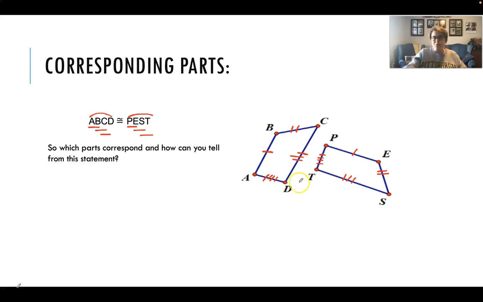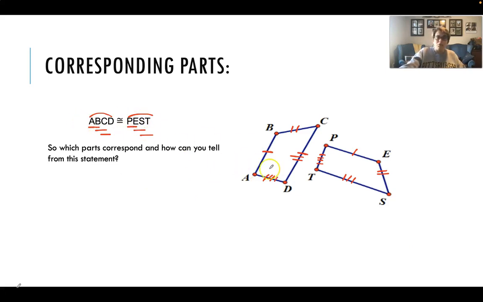And while these are fairly obvious, sometimes figures can be drawn in such a way that they're not as obvious. So it's kind of nice to be able to look and see, using that congruent statement, where the congruent pieces are. It not only tells me about the sides, but it also tells me about the angles.